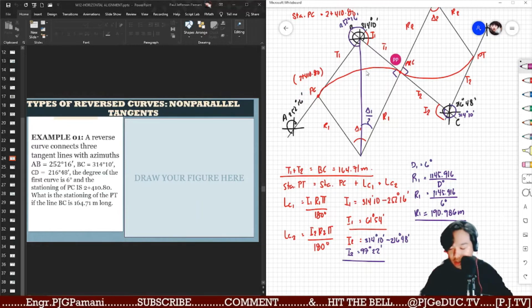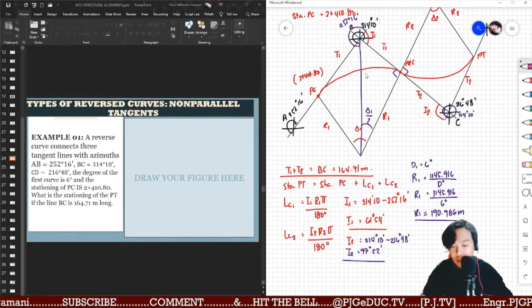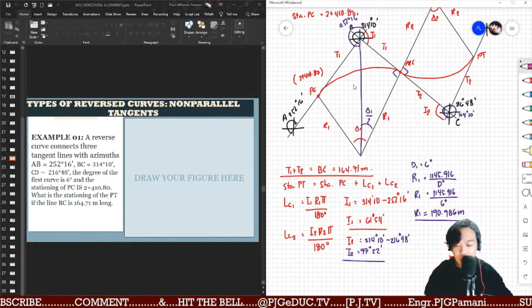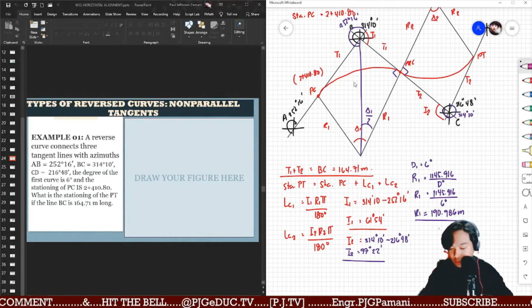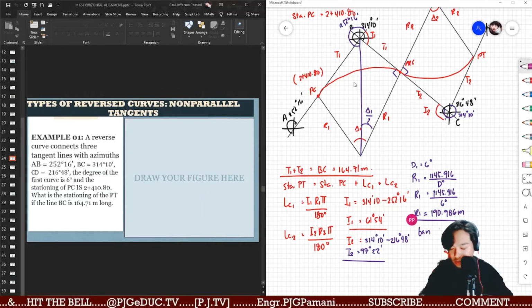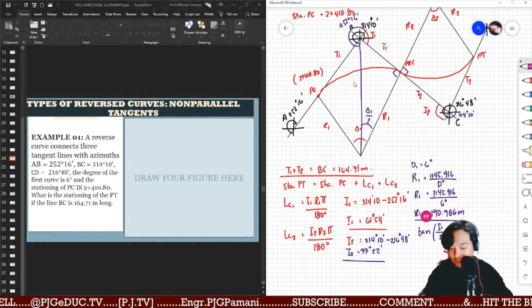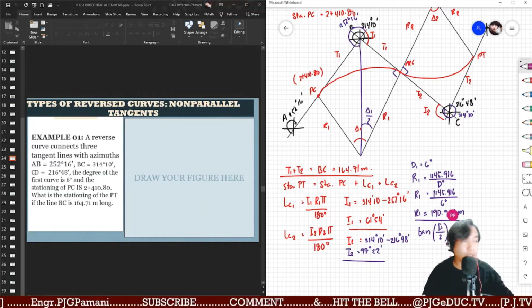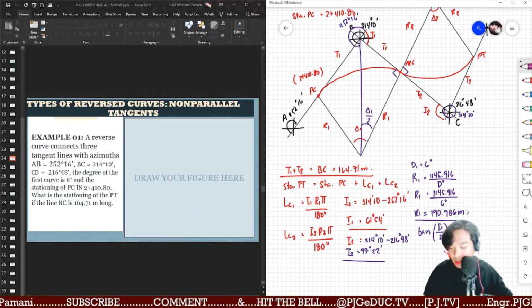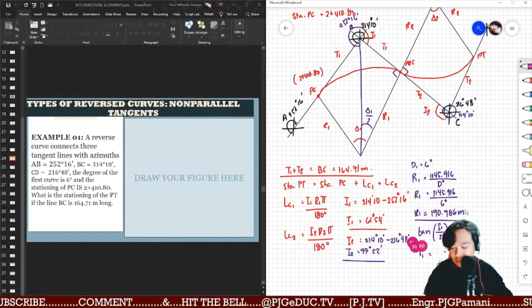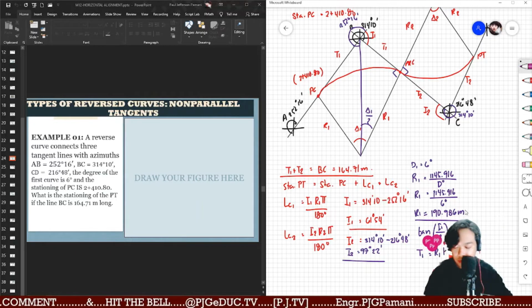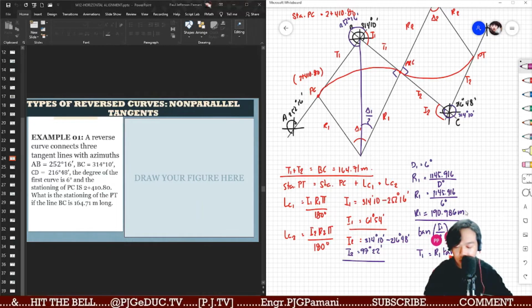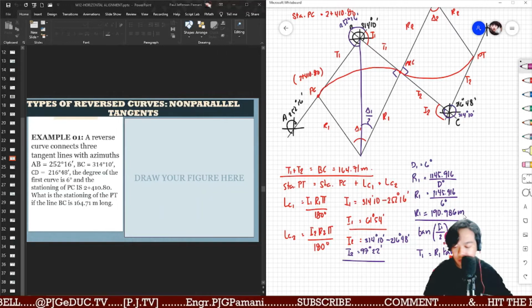Right triangle again. That is tangent I1 over 2 equal to T1 over R1. Right? You can do it. T1 is equal to the radius of the first curve times tangent of the angle of intersection of the first curve over 2.